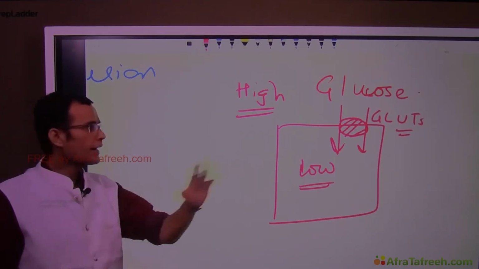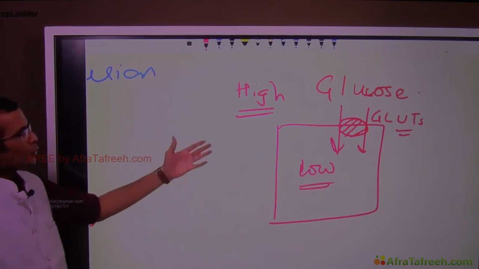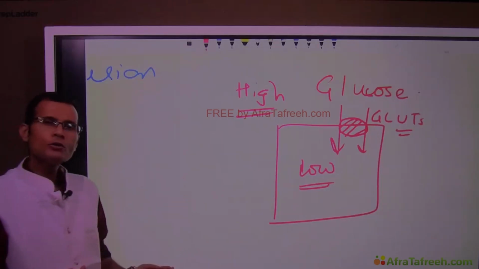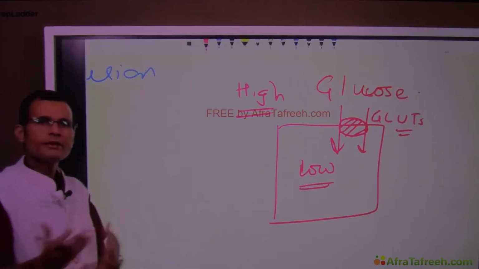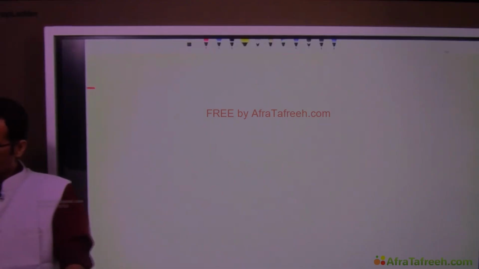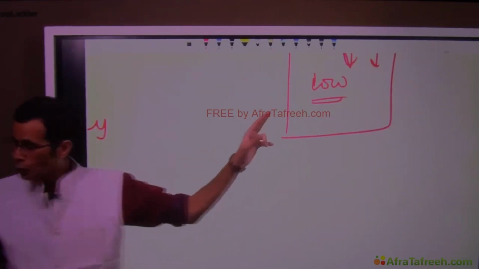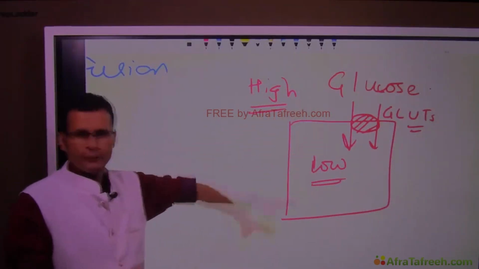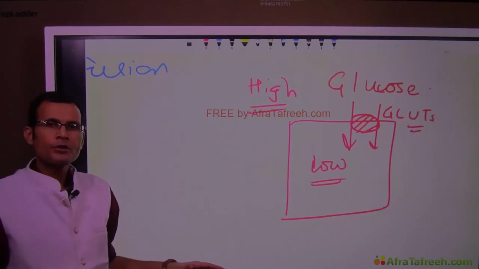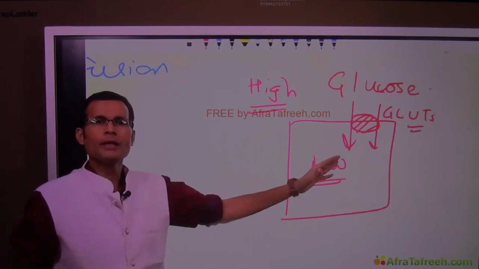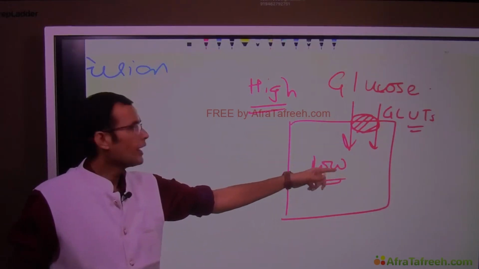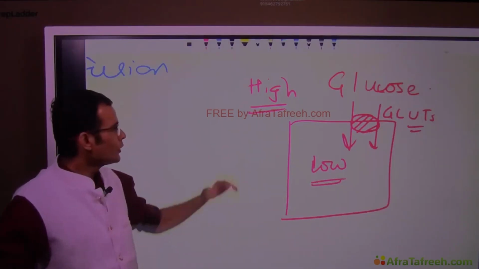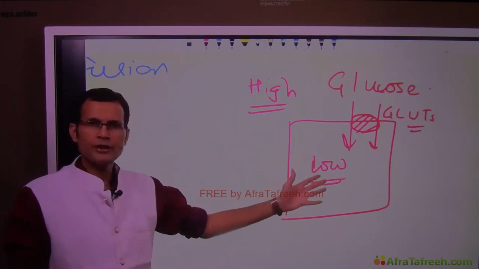GLUTs are the carriers for facilitated diffusion, and glucose is going high to low in all other cells of the body. But in the GIT and kidney, remember, glucose here, let me just come back for a while. In this case, wherever glucose is entering the cells, it has to cross only one membrane. See, it crossed only one membrane and entered the cell, and then it's going to be metabolized by the cell, right? So it's going to be always high to low for such cells.